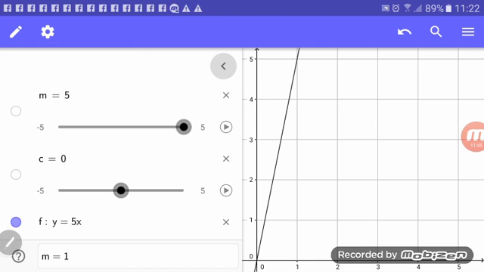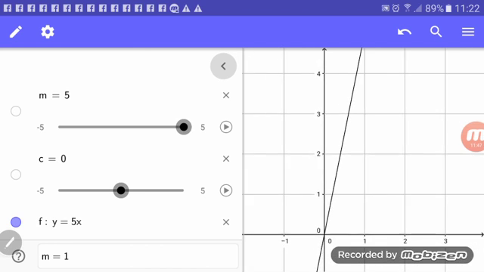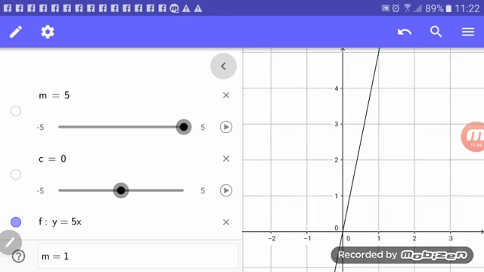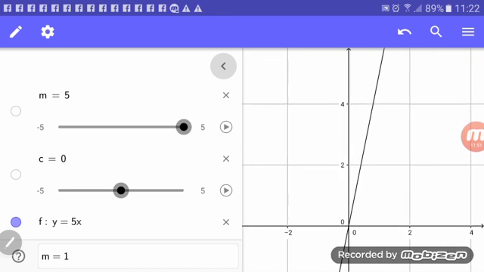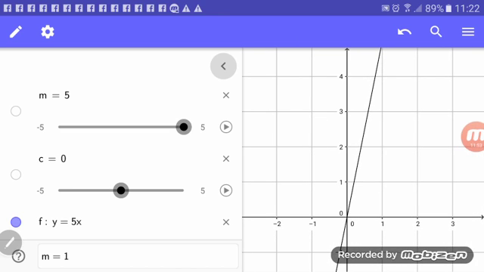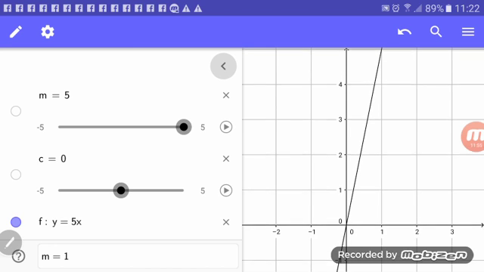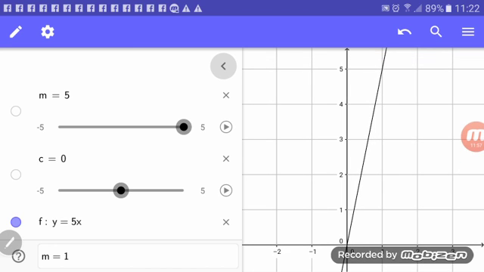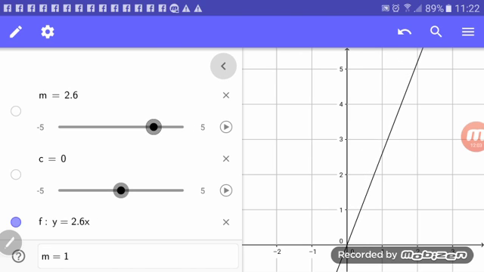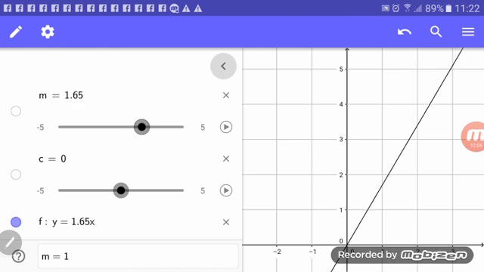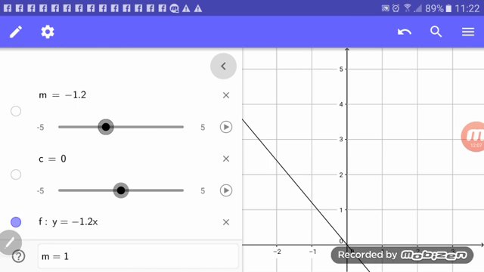Okay, so let me just show you a graphical representation of this as we change both values. So here I'm just changing the gradient, and you can have a negative gradient.